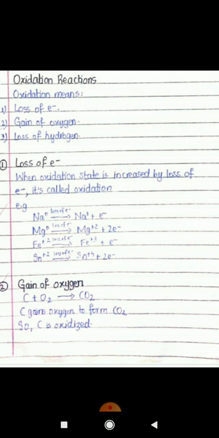As the equation shows, when carbon reacts with oxygen, it gains 2 oxygen atoms and is converted to carbon dioxide. So carbon is oxidized. So it is an example of oxidation reaction. The common daily life example is the burning of wood, burning of paper.